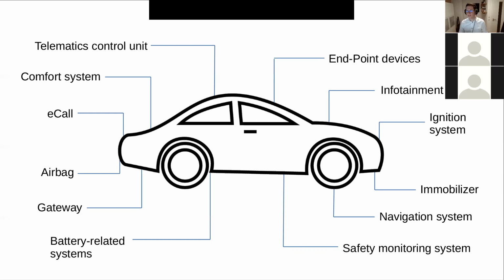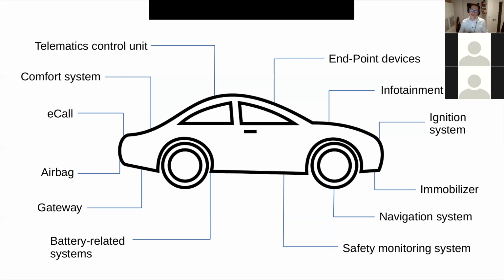Next one, kind of related to eCall, is the airbag. Airbag, we all know, is something that explodes if we have a crash and saves the participants from serious injuries. Next up is the gateway, because in modern vehicles, we have a lot of different bus types, so different communication protocols and different components that speak different protocols, so different languages, let's say.